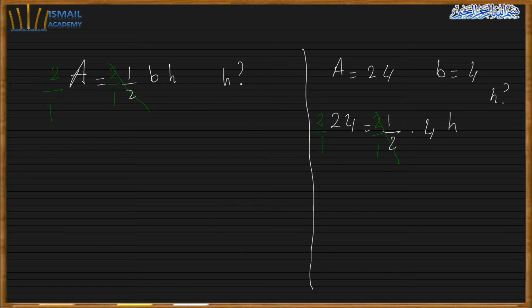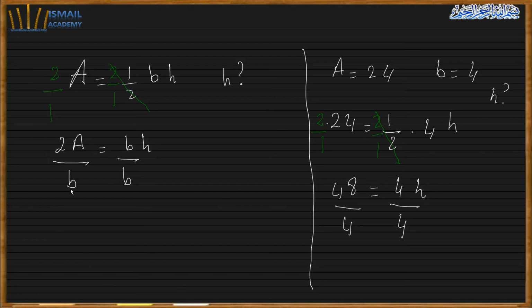So as you see, now I have 2a equals b times h. Here I will have 2 times 24 is 48 equals 4h. Remember, this is my b. So I divide both sides by 4, which is my b. The same thing here, because b is a number, I divide both sides by b. Now the b cancels out. What's left is 2a over b equals my h.